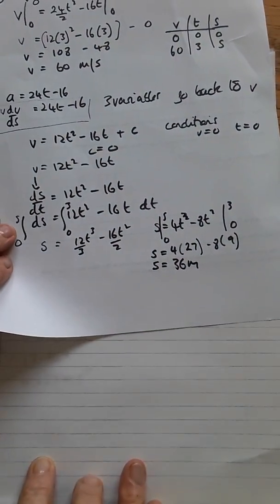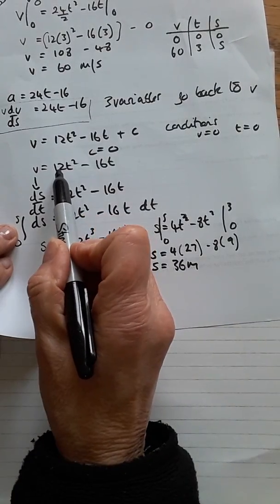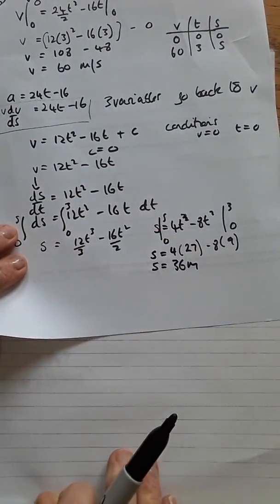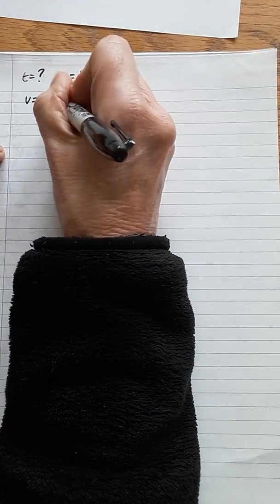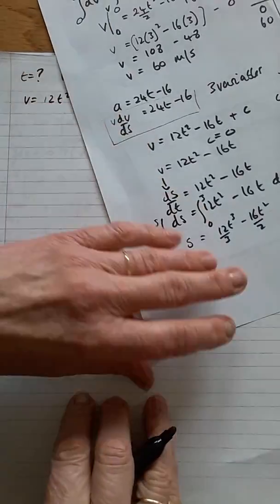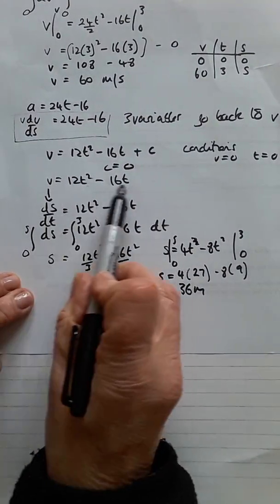Remember, we knew what v is. v is 12t squared minus 16t. So I'm going to use this expression here, and I'm going to put in limits.